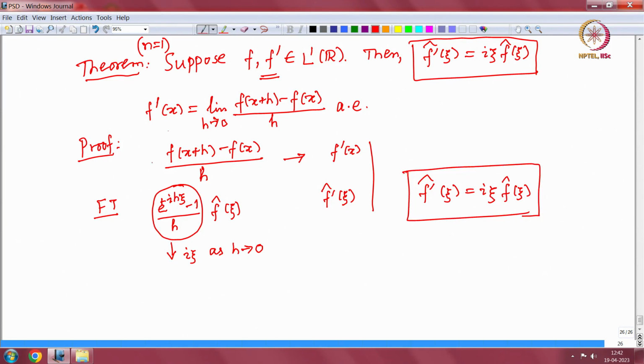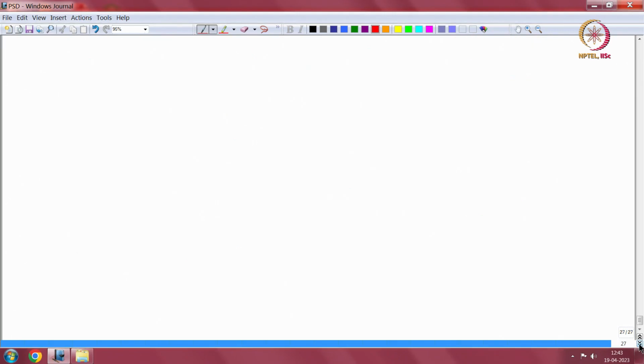Let me write this as a general formula, so to speak. Later on we will see many examples. More generally, as of now we are considering only the Fourier transform of L1 functions.